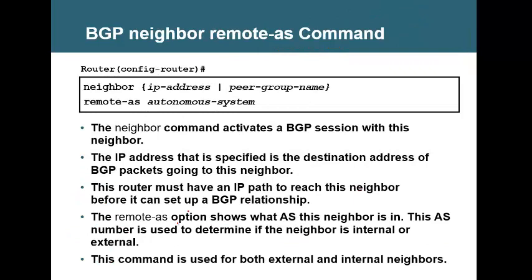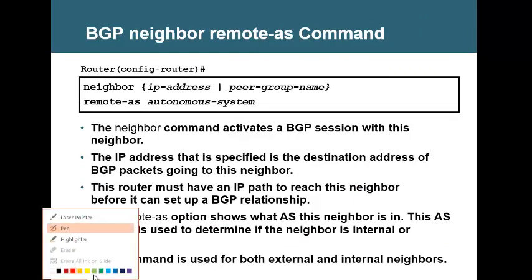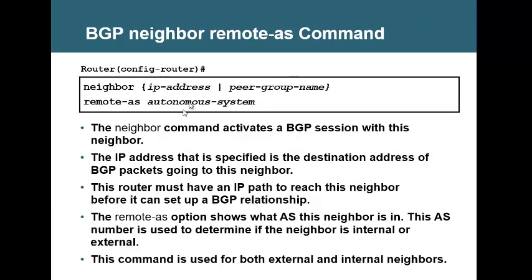Now this is the neighbor statement, which I just wrote in the previous page. Neighbor's IP address, and then remote AS, the autonomous system number to which the neighbor belongs. We'll talk about the peer group a bit later. Peer group is also to identify neighbors, but it is not a single neighbor, it is a group of neighbors.